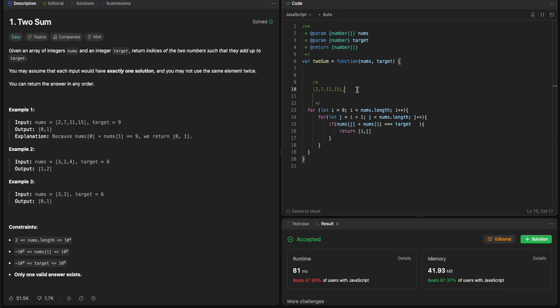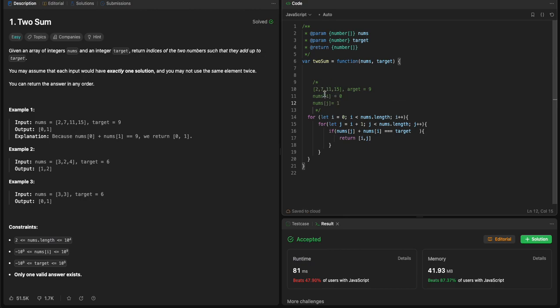Okay, and I will say that I will have nums of i equals something, and nums of j equals something. This equals 0 because it's starting at 0, and this equals i plus 1, so it equals 1.